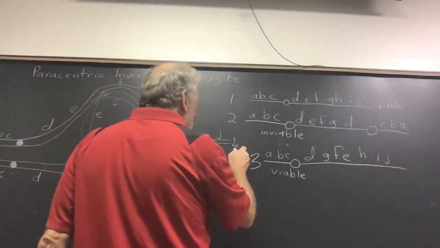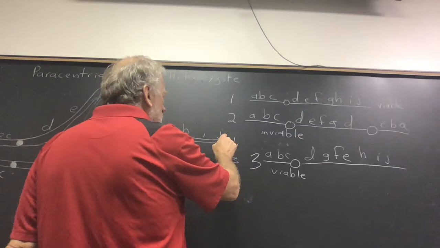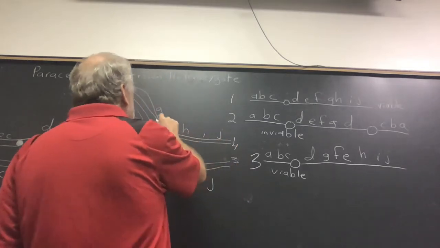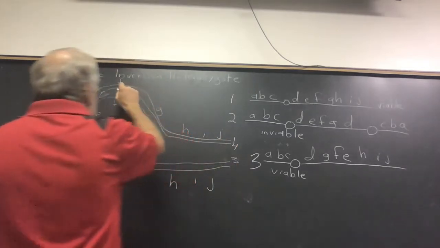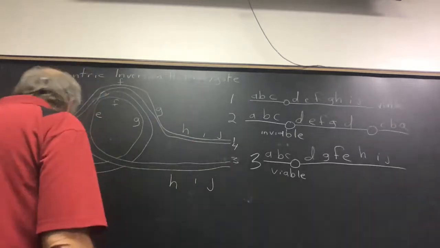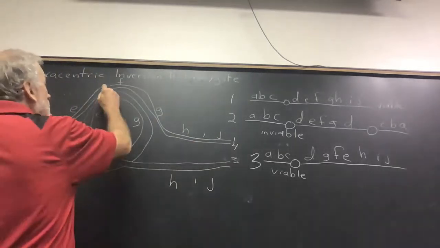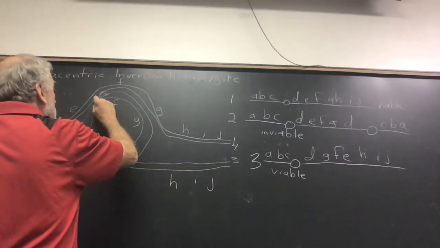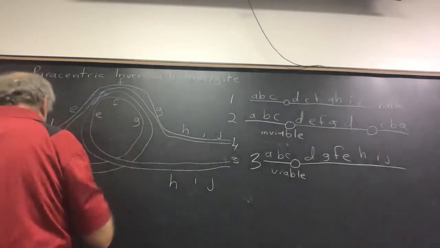That one is 4, and we go J, I, H, G, F, and then we've got to go down like that onto that different chromatid.